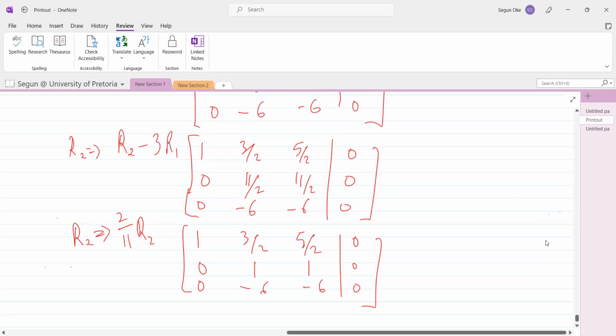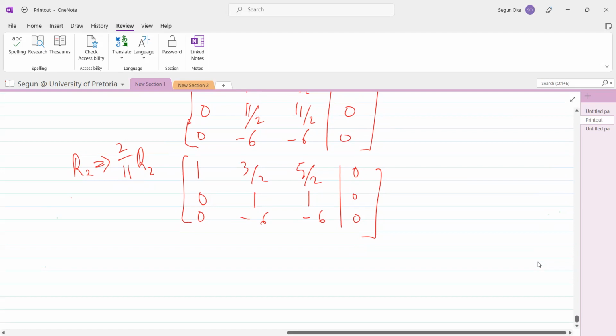Well, something is also common to row 3. What can we do to row 3? Multiply by minus 1 over 6, row 3.